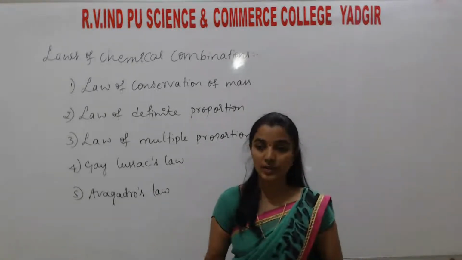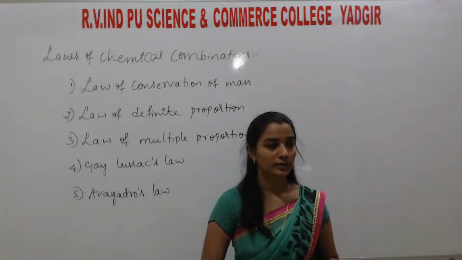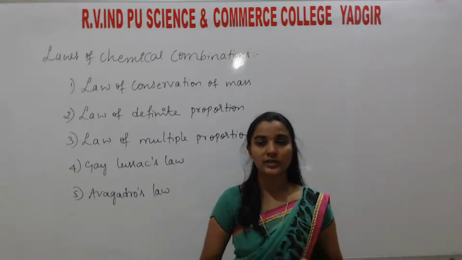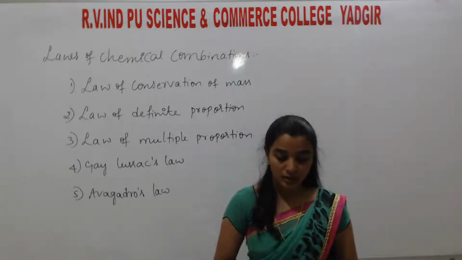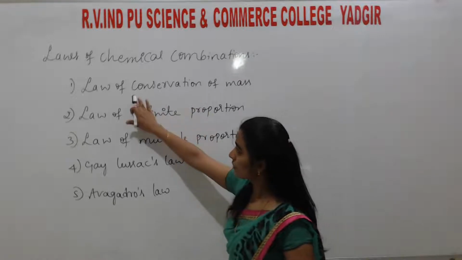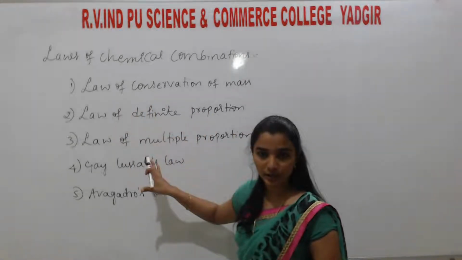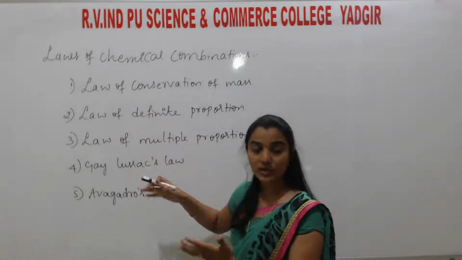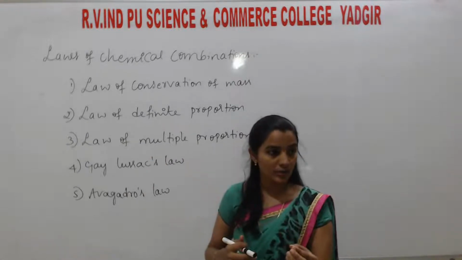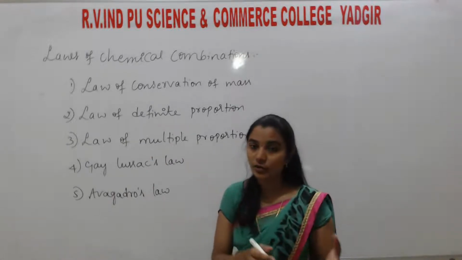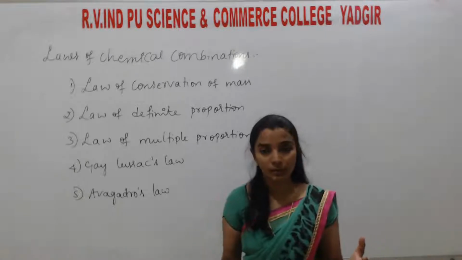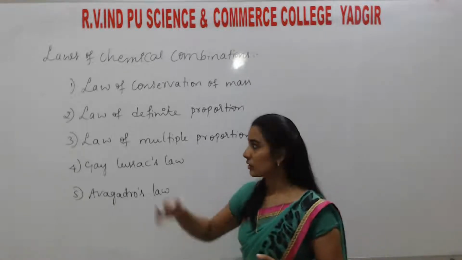How the combination takes place, what the rules are, how the chemical reactions happen, how the masses vary, at what ratio they combine, what their proportion is before combining and after combining. So that is our experiment.